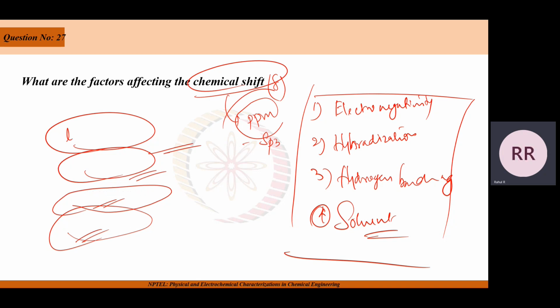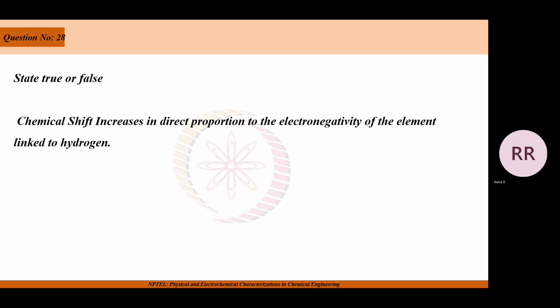Now let me move to the next question. This is a true or false question. So state true or false. The chemical shift actually increases in direct proportion to the electronegativity of the element linked to hydrogen. So this is a very general question. So what happens to the chemical shift? Is it actually proportional to the electronegativity of the element that is actually linked to it?